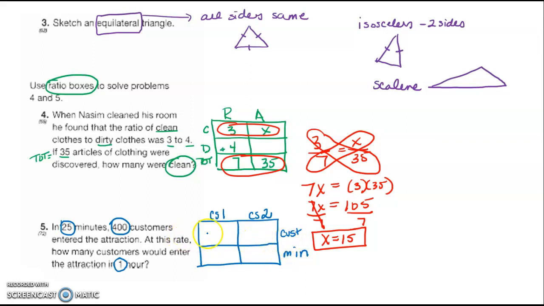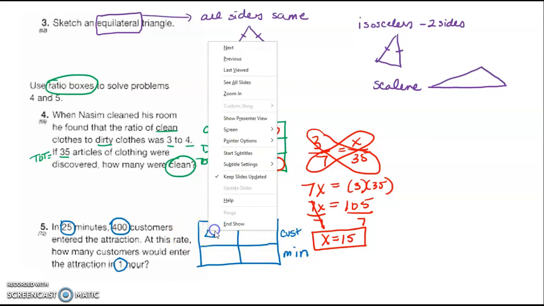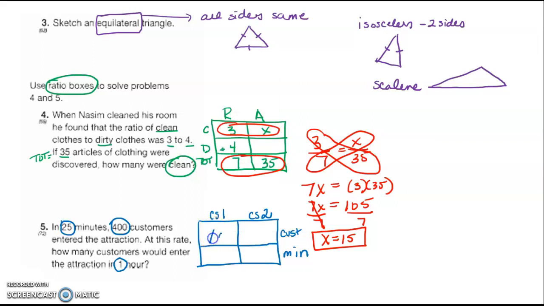So in case 1, we have 400 customers in 25 minutes. Case 2, we're trying to figure out how many customers in an hour, which we have to translate to 60 minutes because we've got to make sure our units are all correct. So this gives us our ratio box proportion, so that we can cross multiply.